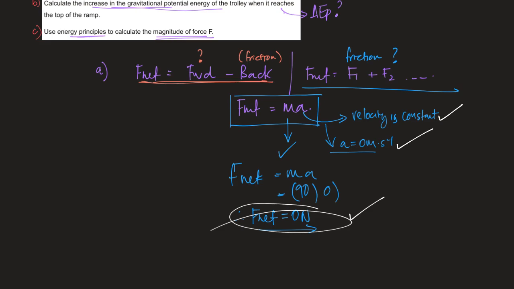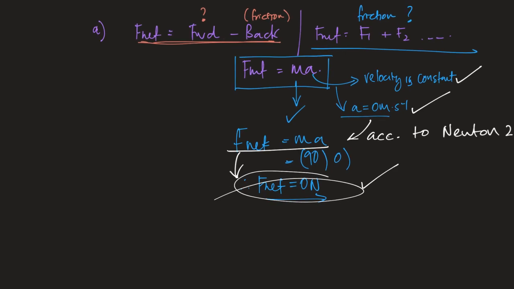And according to Newton's second law, Newton 2, F net is equal to ma, and you can do a little sum for them and show that F net is equal to 0. But you must discuss constant velocity. You must show that you know that acceleration is equal to 0 meters per second.